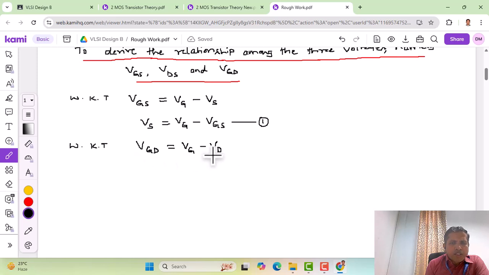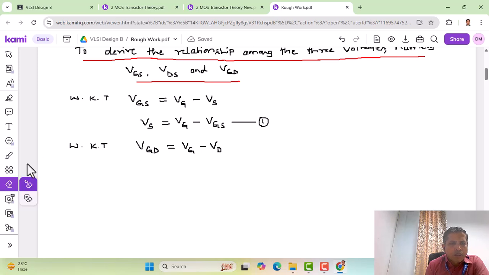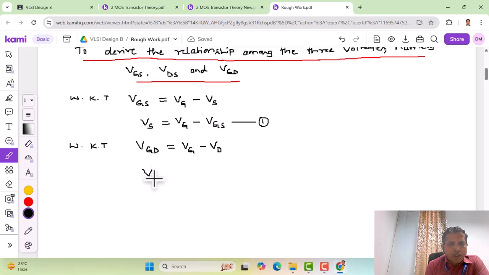Once again, VD can be taken to the left hand side. VD equals VG minus VGD. Let us call this equation 2.